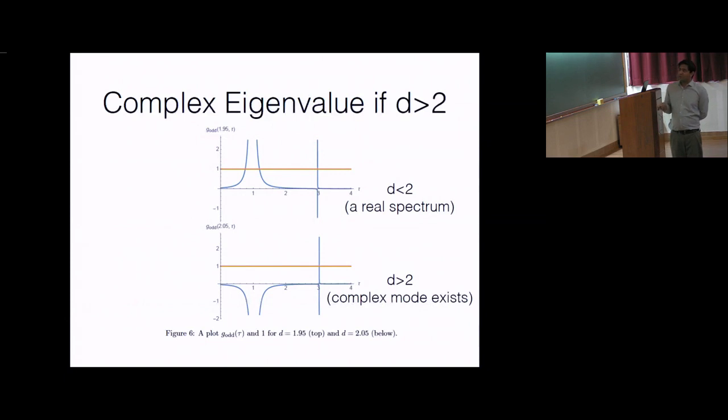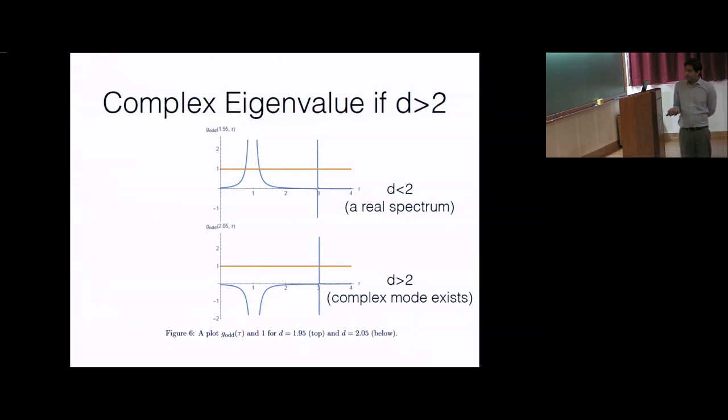Okay, you can study the spectrum just in general dimensions and see where you find real and complex spectrums. Okay, so one can check numerically that for any d less than 2, we get a completely real spectrum and there's no complex mode. Whereas once you increase d slightly above 2, because this guy flips, there's always generically a complex mode.